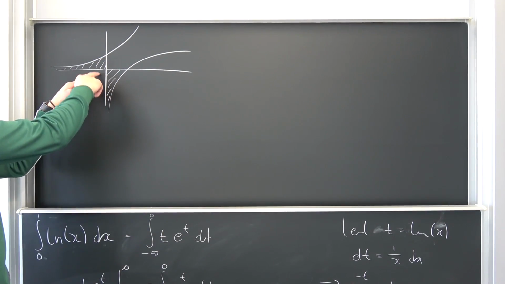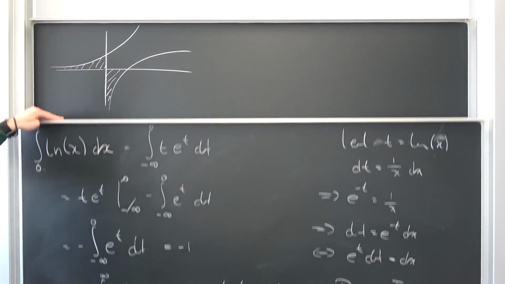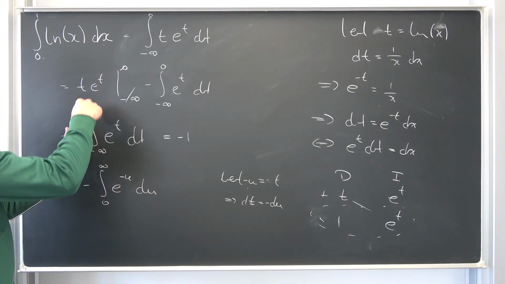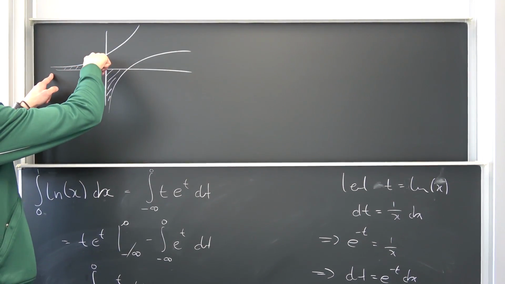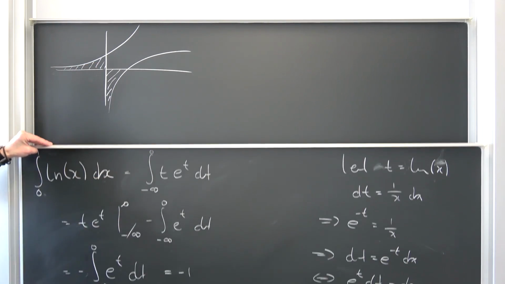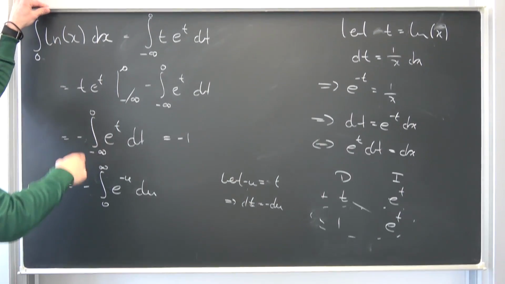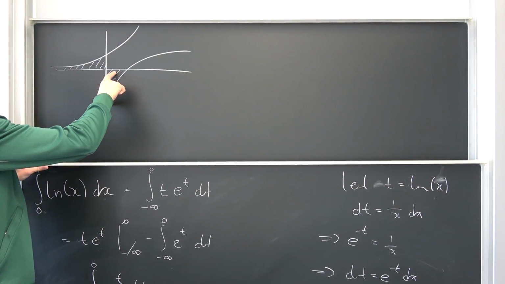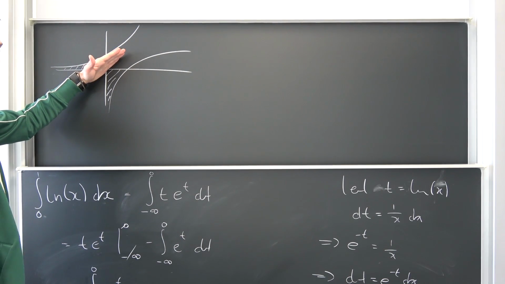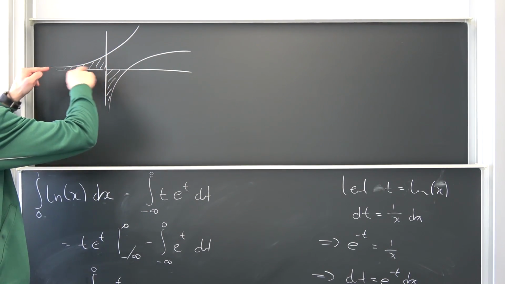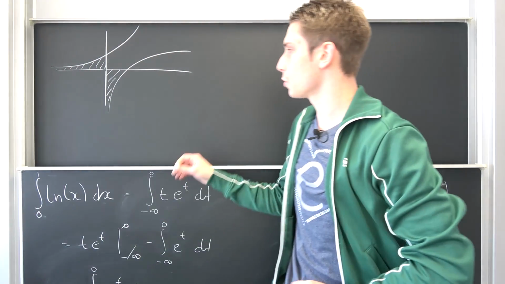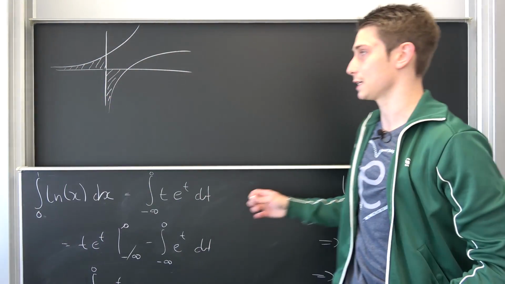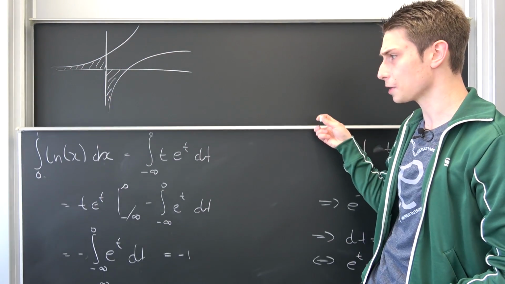But if we take this in a negative sense, so in a normal case we have this chunk right here, so this function from negative infinity to 0 is this area, but if we take this area negative, we are going to get exactly this area under this curve. So by placing a mirror on here and just changing the sign of this area from positive 1 to negative 1, we are actually going to get the desired area right here. So this is a visual approach to this whole thing.